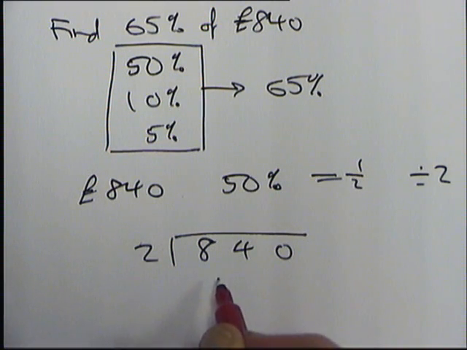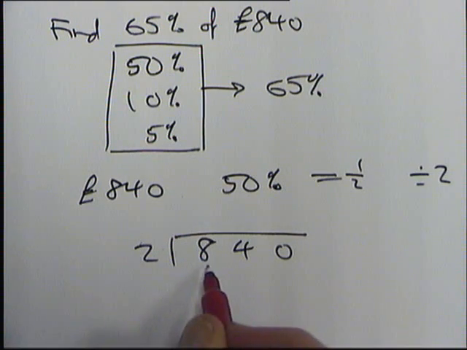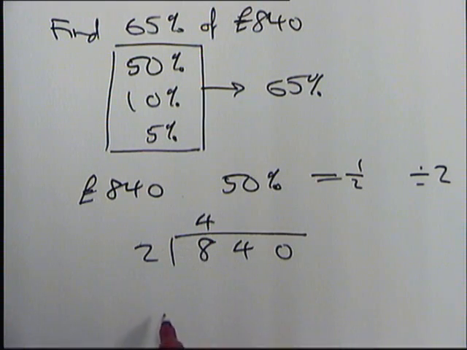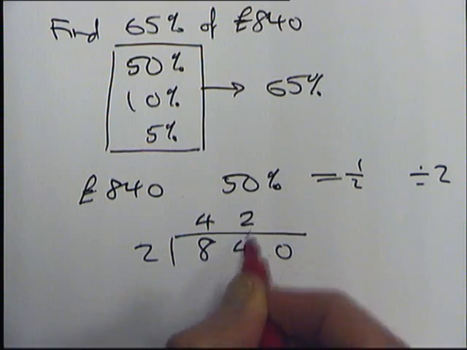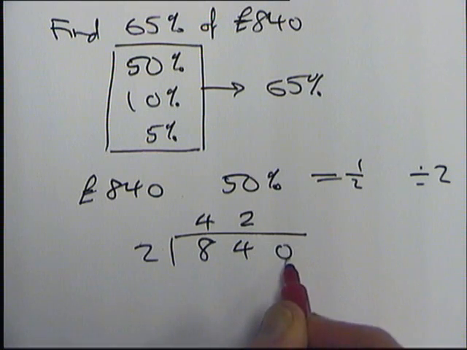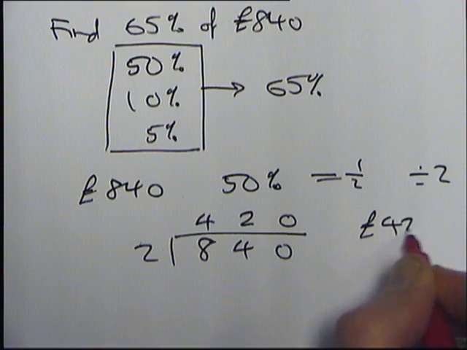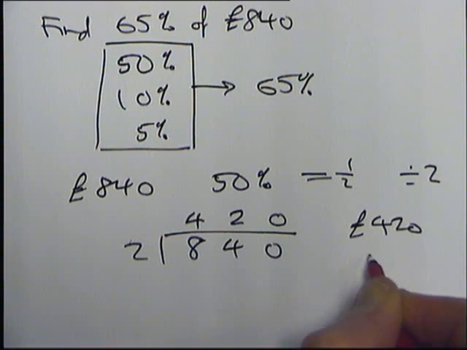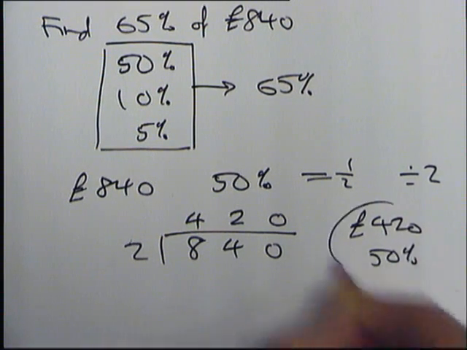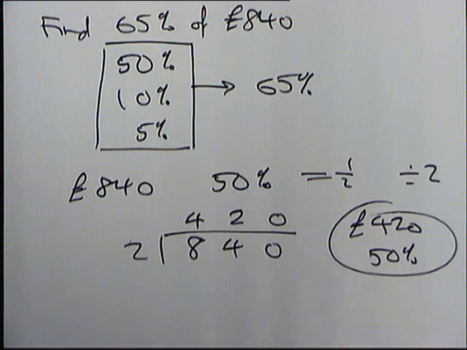So down here I'm setting out my dividing sum. 2 into 8 goes 4 times. 2 into 2 goes 2 times. 2 into nothing is nothing. So I get here £420. That is 50%. That will be useful. I'll come back to that in a minute.